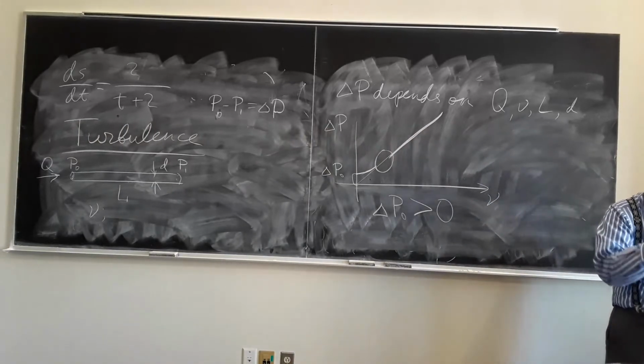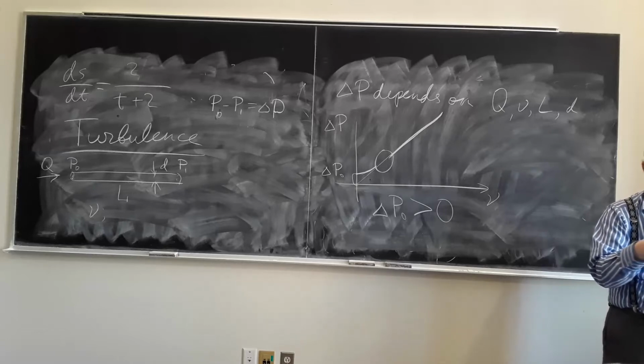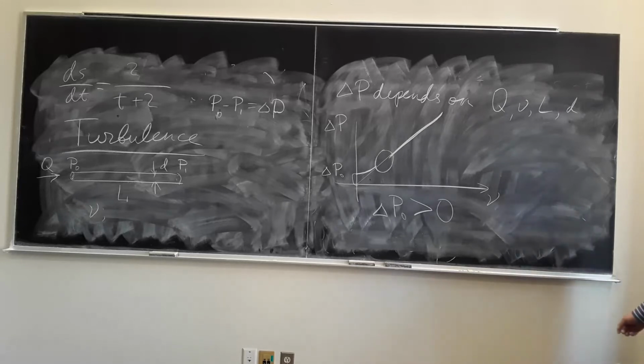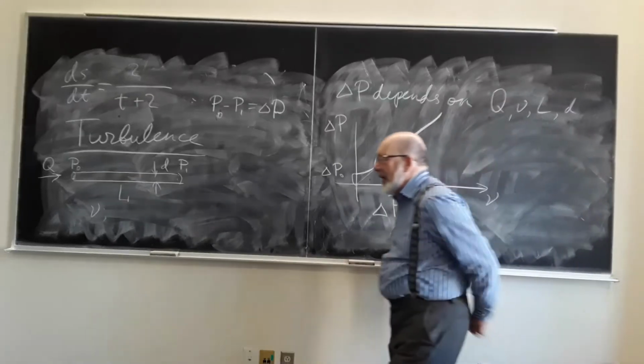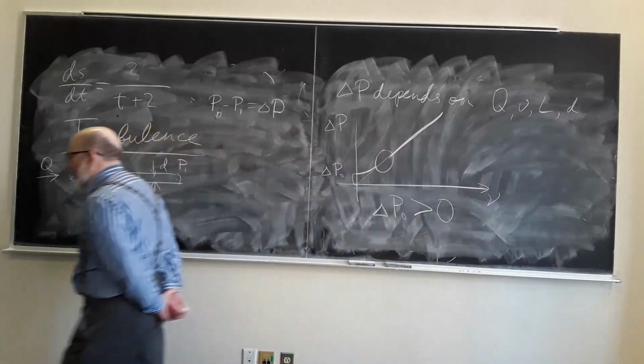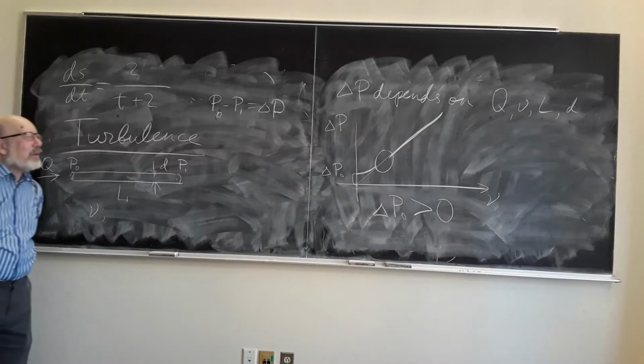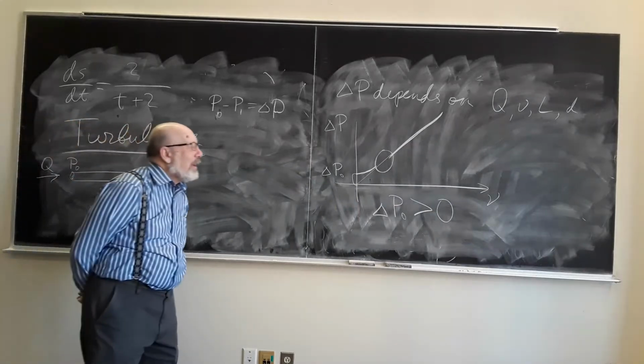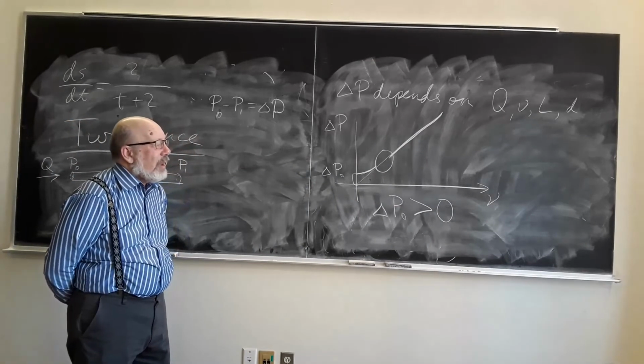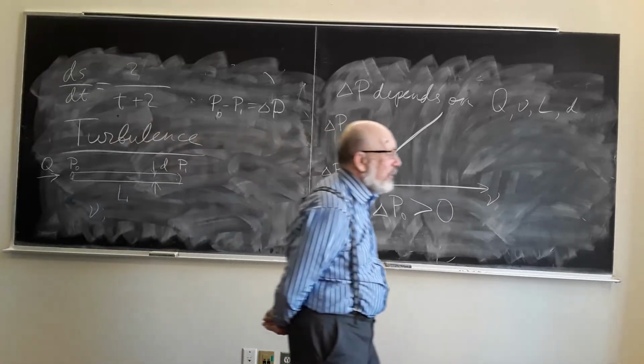This means that its velocity field is changing very fast in space and in time. Because of this there is some energy loss, and people even derived some formula which shows the rate of this energy loss because of this irregularity of the fluid flow.